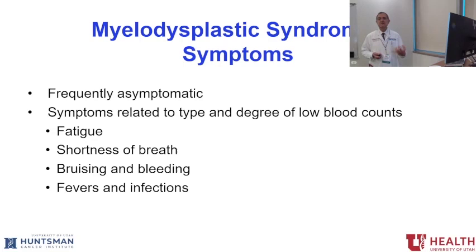So if someone is significantly anemic, like the red blood cells fall to significantly low levels, they could be feeling tired, unable to go through their day without resting, short of breath going up a flight of stairs. Then if the platelets are low enough, people could develop bruising, bleeding, nosebleeds, gum bleeding when they brush their teeth.